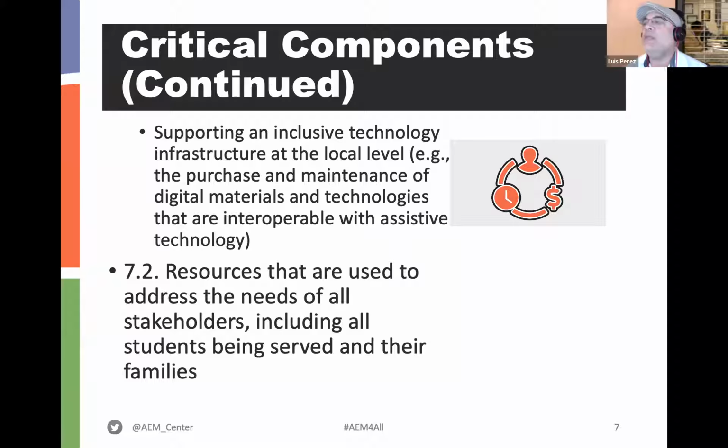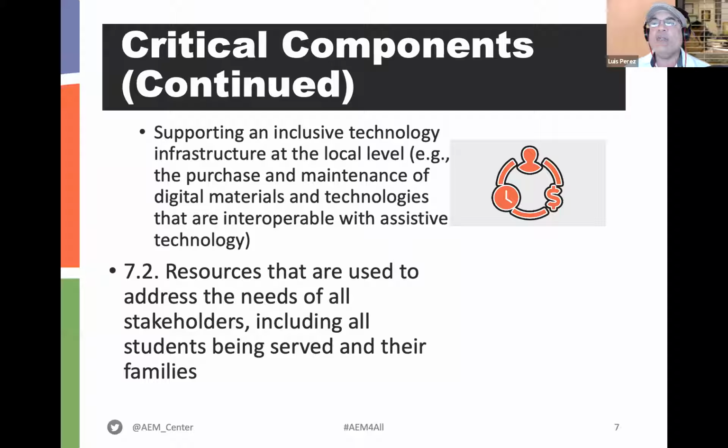And part of addressing that infrastructure is also addressing things like wireless access. So we want to make sure that it's not just the devices, but that those devices are able to connect and provide that access to learners.